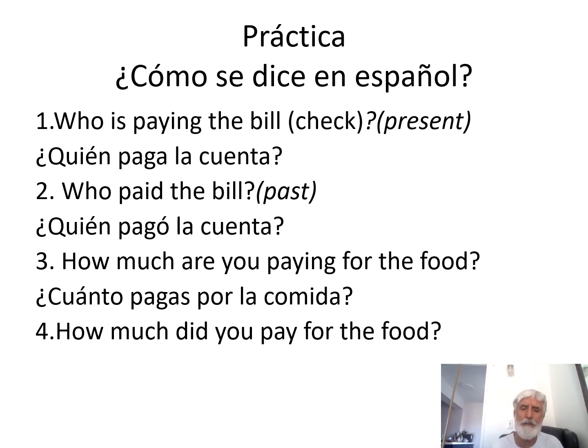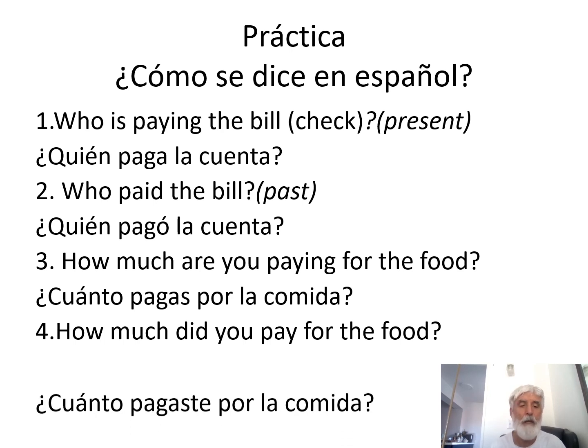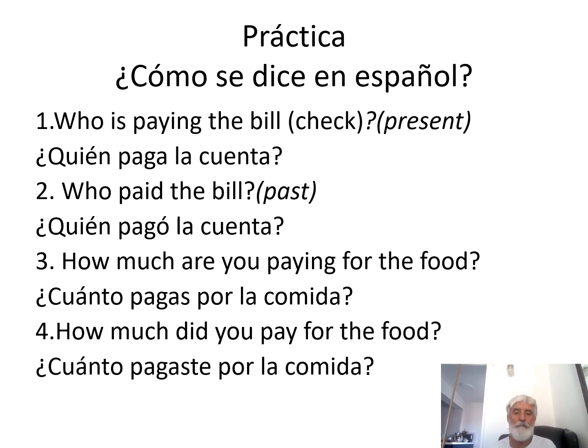You should be able to put this in the preterite. So we want to get the verb pagar. The stem is pag. And so we have the tú form. What ending do I use for an AR verb when I want to put the verb in the preterite or past tense? Aste. So, ¿cuánto pagaste por la comida? How much did you spend on the food? Or did you pay for the food?